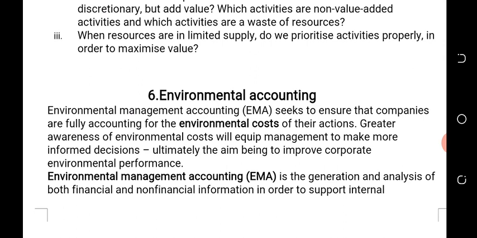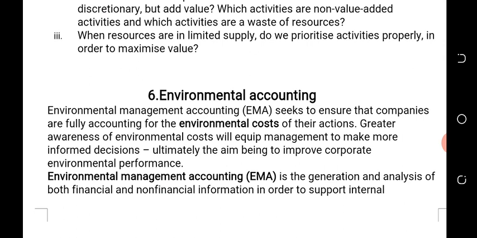What are those costs that are relevant to environmental accounting? Now, what is environmental management accounting (EMA)? It seeks to ensure that companies are fully accounting for the environmental costs of their actions.